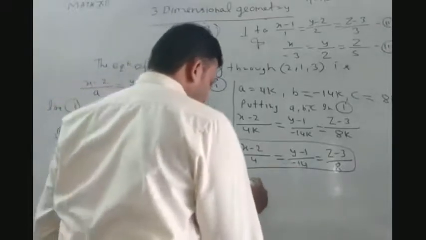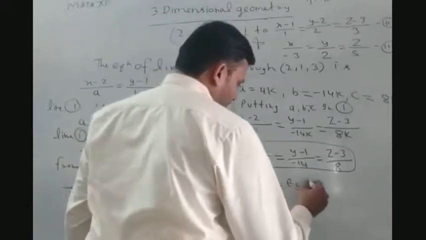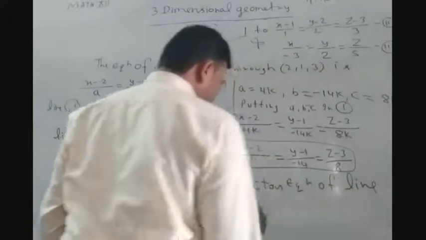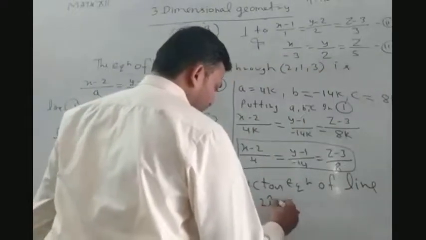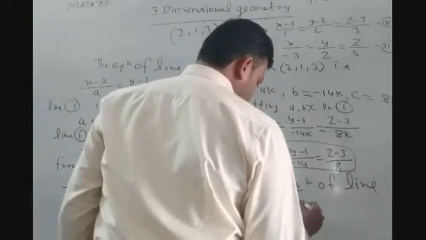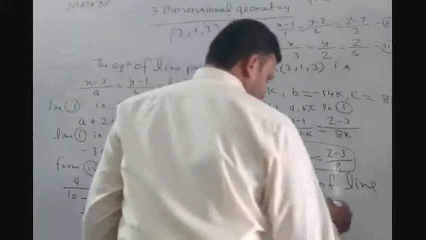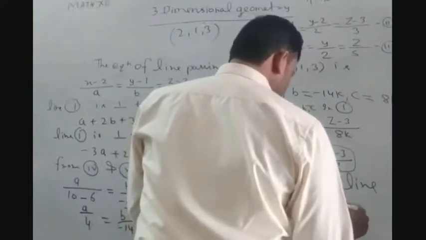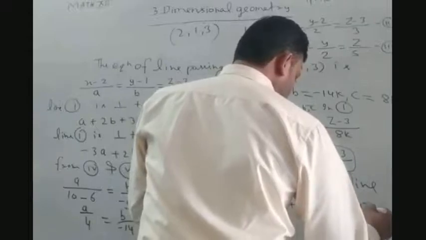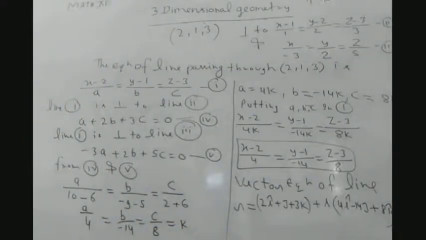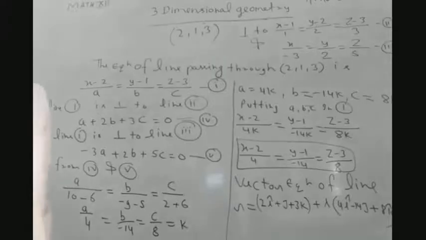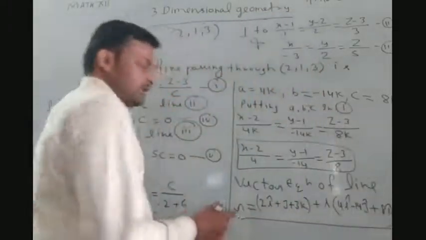So the vector equation of the line will be r is equal to a plus lambda b, where b is the direction, so 2i plus j plus 3k plus lambda times 4i minus 14j plus 8k. This will be our vector equation.